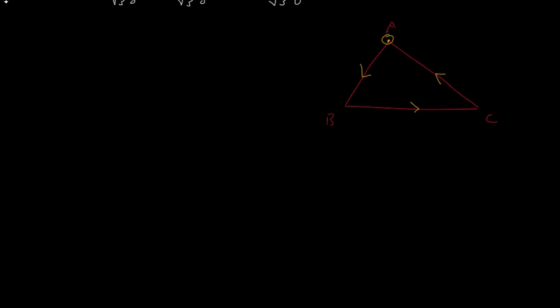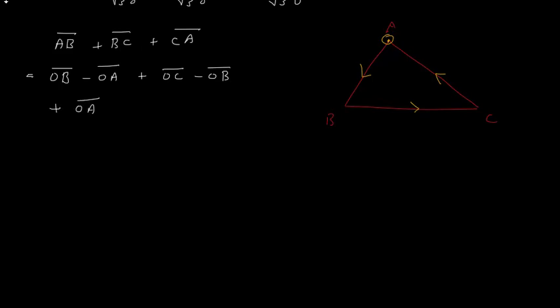Now let us see how to write it. AB bar plus BC bar plus CA bar. When I express them in terms of position vectors, AB bar will be OB bar minus OA bar, plus BC bar is OC bar minus OB bar, plus CA bar is OA bar minus OC bar.